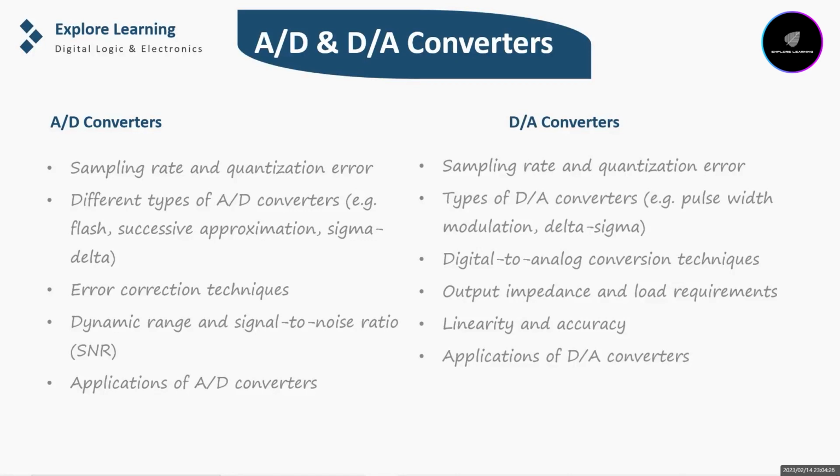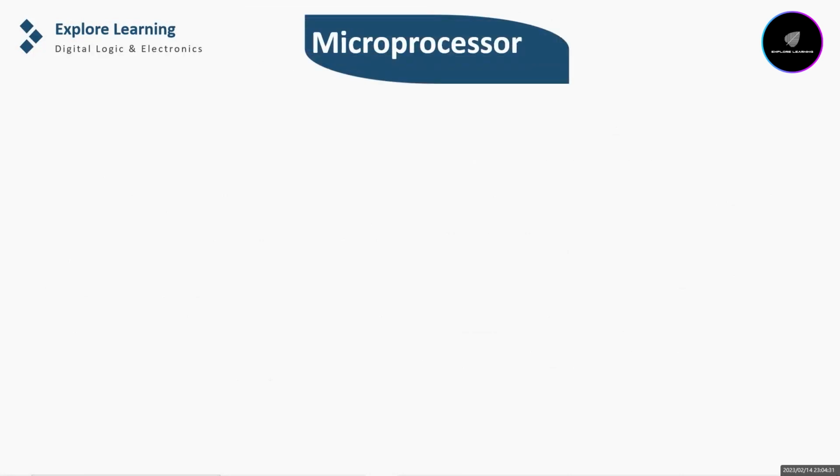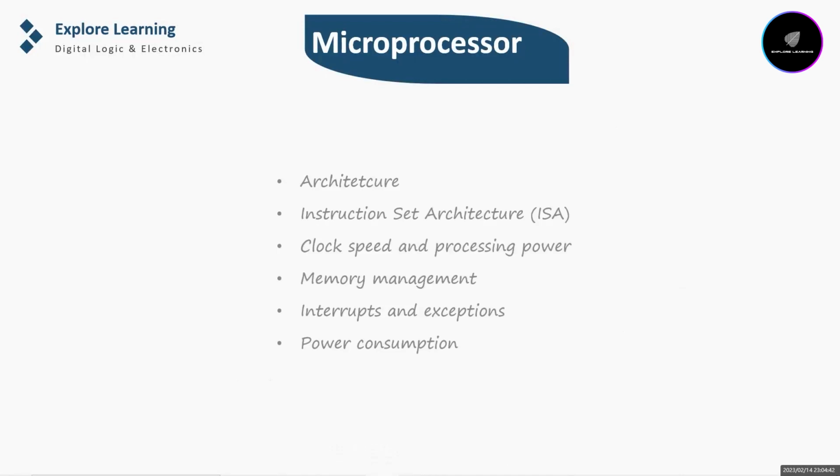And finally, we'll be talking about the microprocessor. And in the microprocessor, we'll be talking about different subtopics. Now, before I go into the subtopics, I would like to introduce to you the concept of microprocessor. Now, a microprocessor is a compact and integrated device that contains the processing unit of a computer.